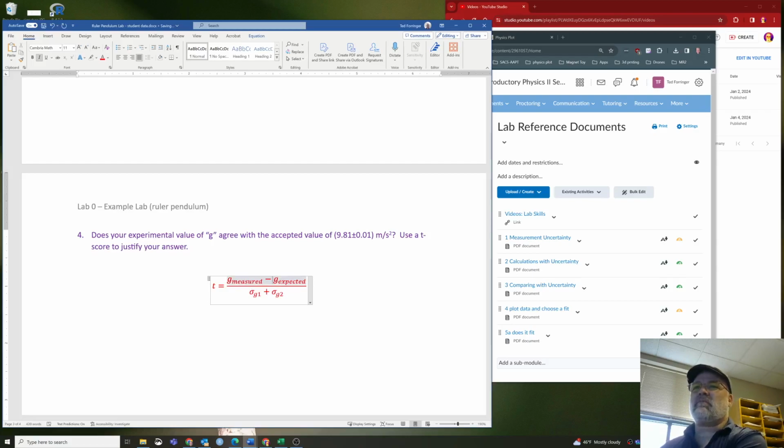Now, you might ask, does it matter which one goes first or which one goes second? The answer is no, because this is an absolute value. So we always just find the positive value.